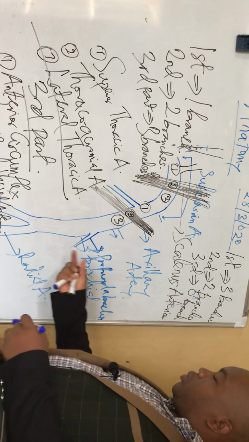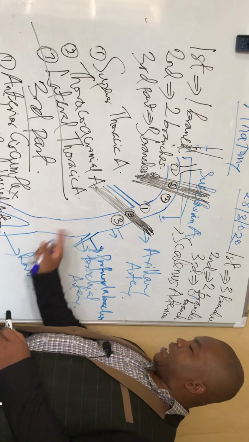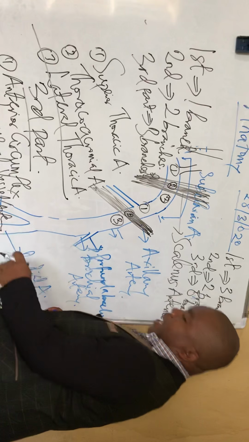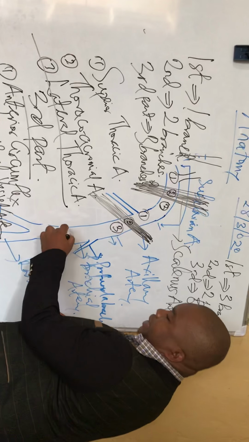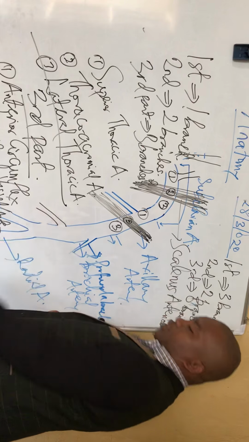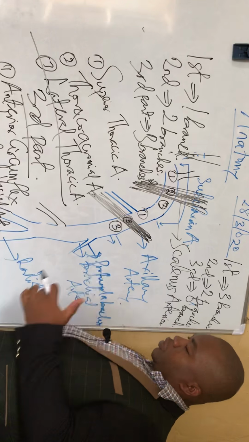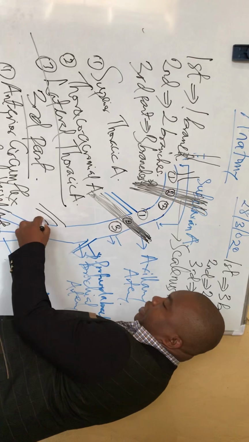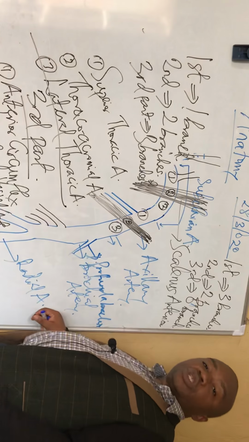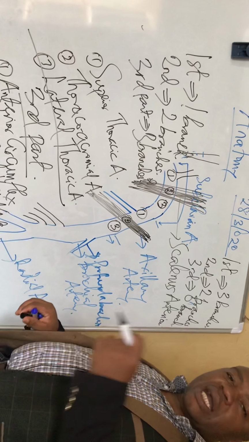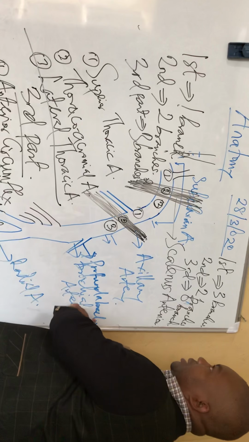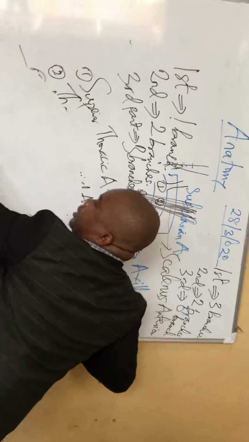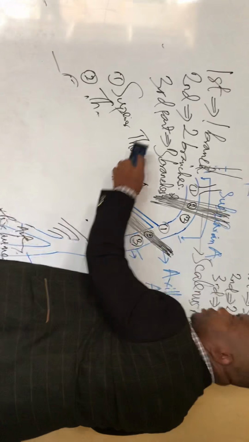On the medial side, it will have two branches that descend: the superior ulnar collateral artery and the inferior ulnar collateral artery.